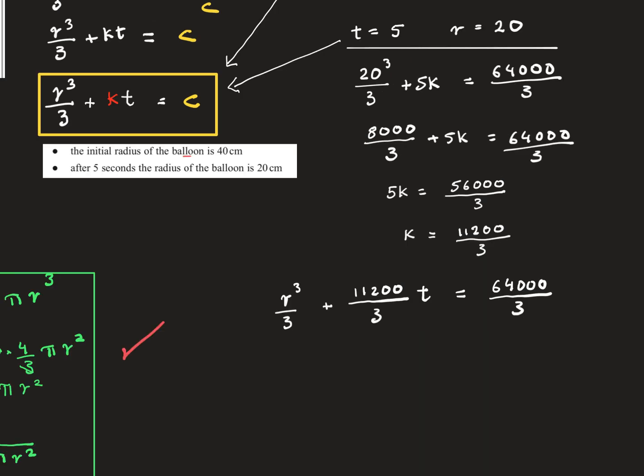So can you see now I could multiply each one by 3, by 3 and by 3, and therefore I get rid of my 3's and I end up with r cubed plus 11200t equals 64,000. And it would look nicer if I linked radius with time and wrote this on the other side.